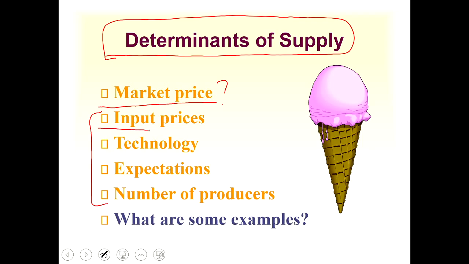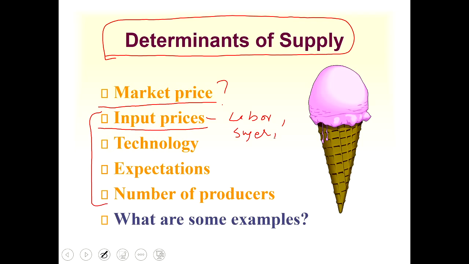The second one, that's another determinant of supply, which will lead to a shift in the supply curve. So the input prices. Ice cream manufacturers use several inputs like labor, sweeteners, sugar, and the building where they make ice cream, and a lot of different inputs.